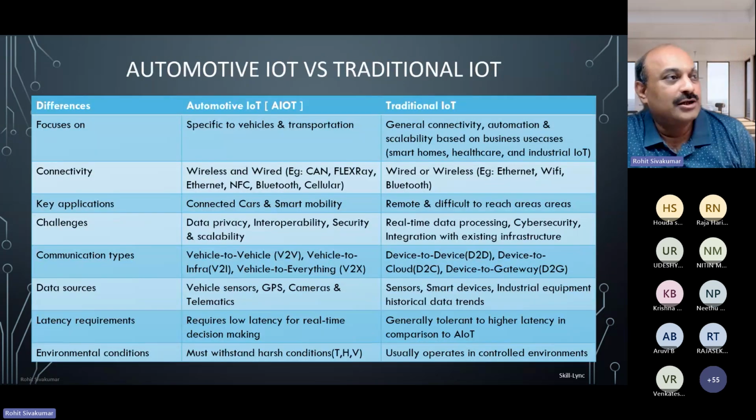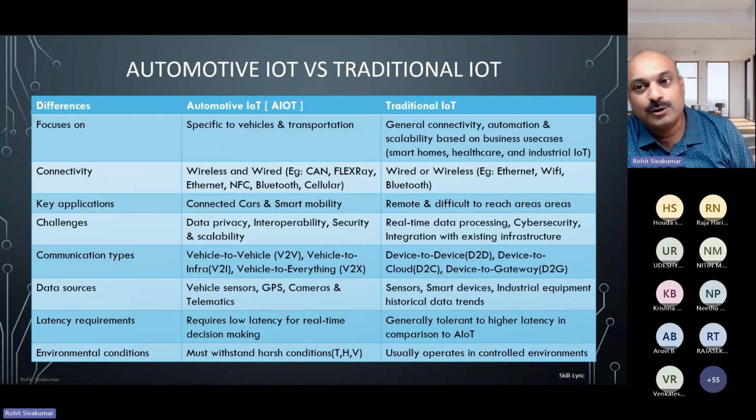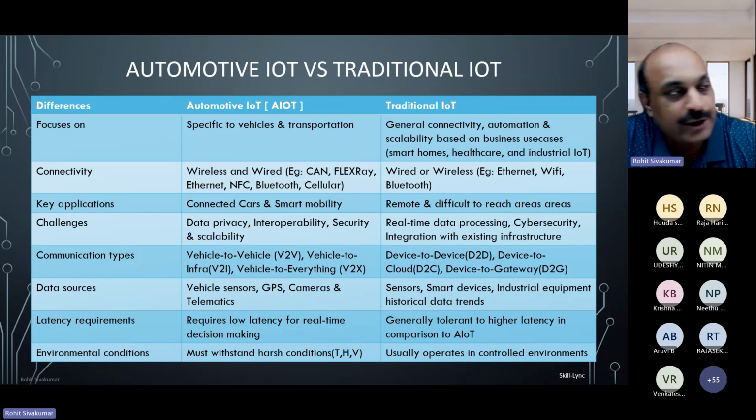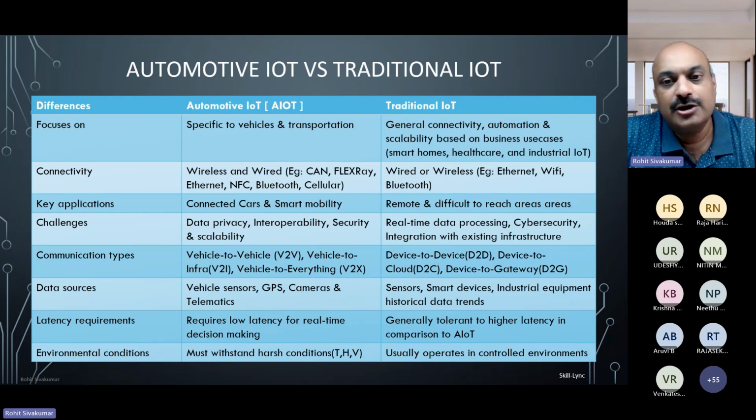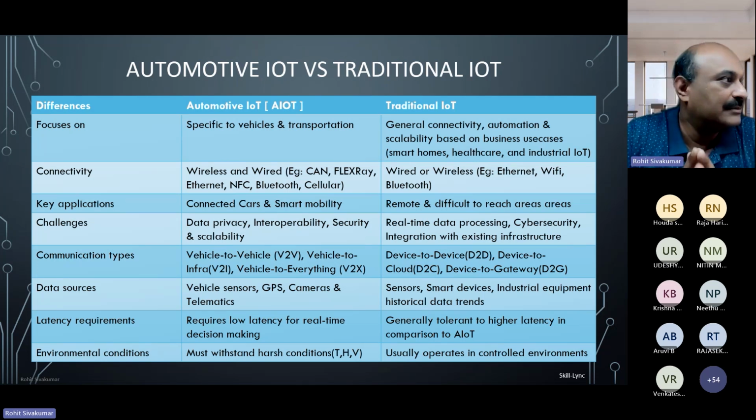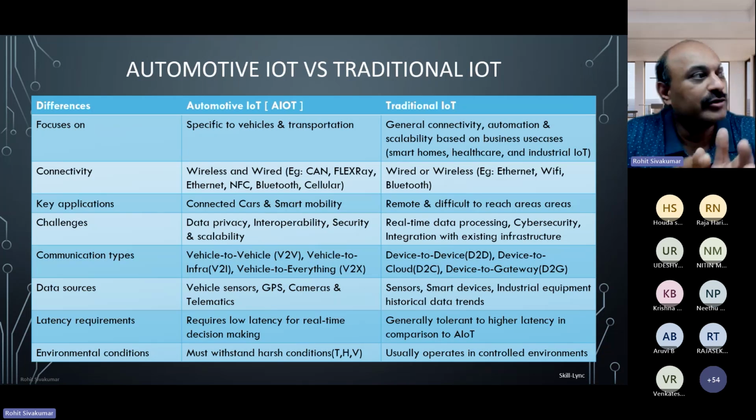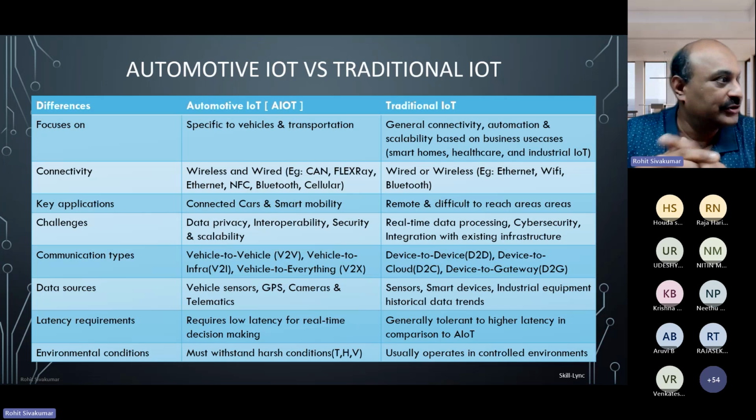So let's take a quick look at how traditional IoT compares with automotive IoT. Traditional IoT is all about connecting different devices, automating them, and making them scalable. And here everything comes under the traditional IoT segment, whereas automotive IoT is very specific to transportation and vehicles as a use case.